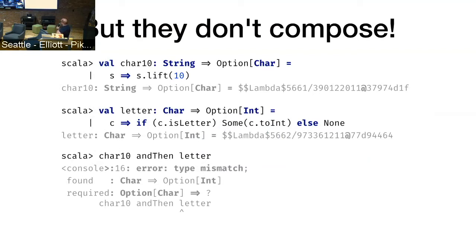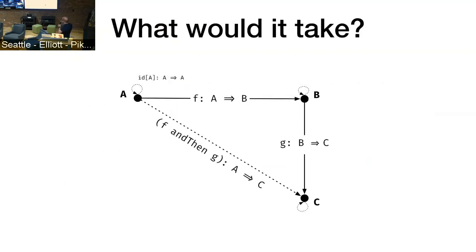So what we want to do is try and figure out what the game is. What can we do to make these functions compose end-to-end the way we want to? Because if we're able to do this, then we'll be able to build bigger programs from these smaller programs. So let's just ask what it would take. Here is the diagram we saw before. This is just a normal pure function composition.